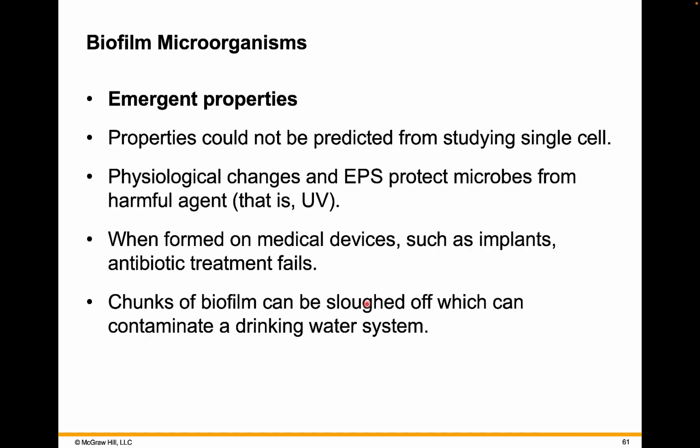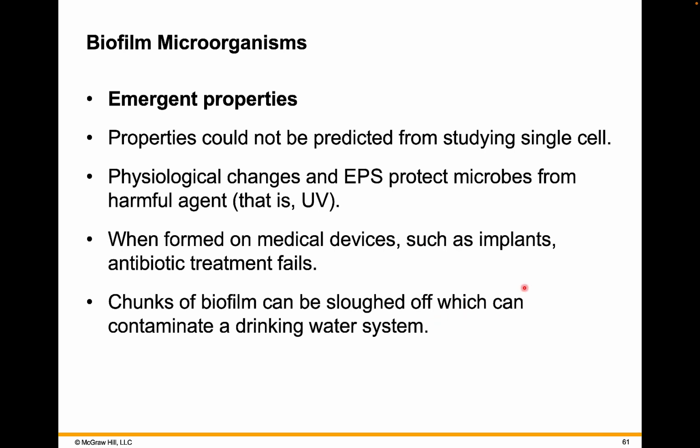And also, one very interesting thing is that there are properties which could not be predicted from studying a single cell, but some of the emergent properties of biofilm microorganisms are only exhibited when they are in a biofilm community. And the physiological changes in EPS protect the microbes from harmful agents like ultraviolet light and antibiotics.